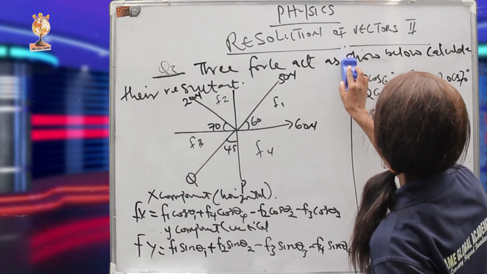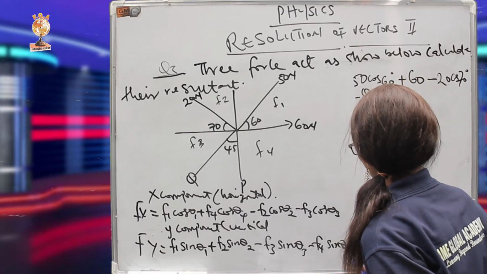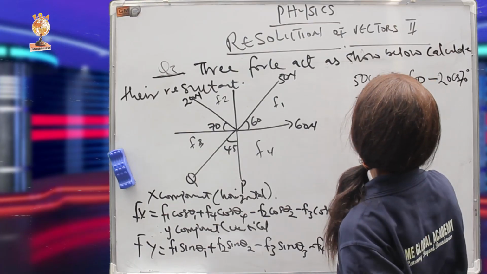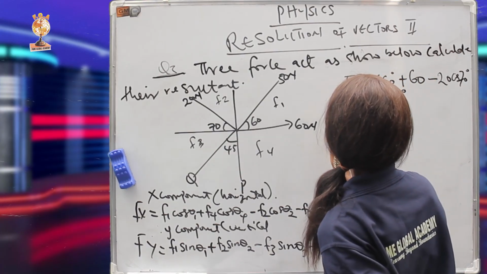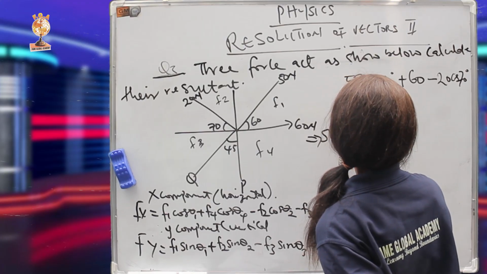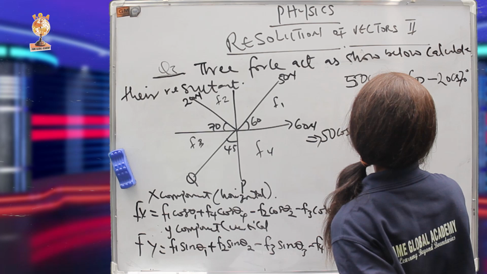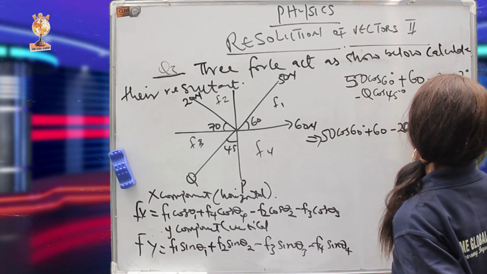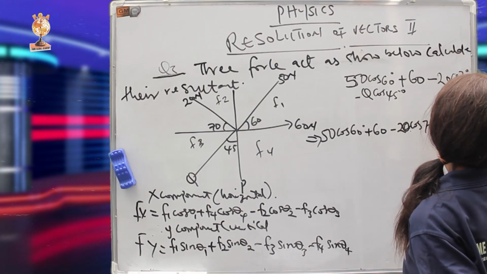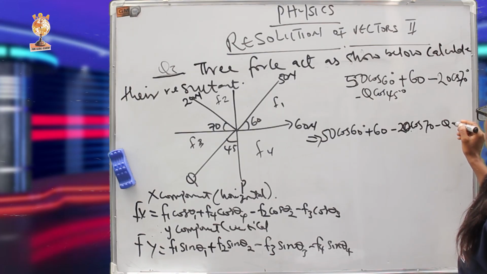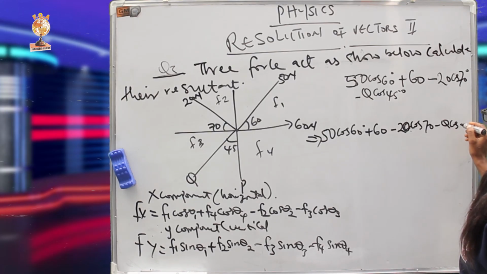So I have 50 cos 60 degrees plus 60 minus 20 cos 70 minus q cos 45 is equal to 0.